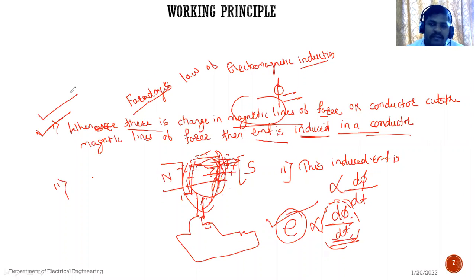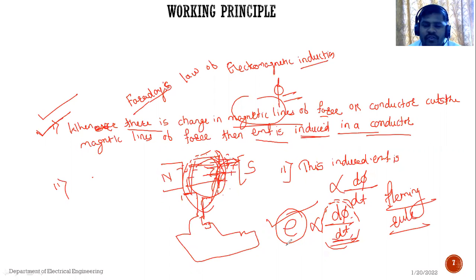ऑल ऑफ यू कीप इन माइंड. अँड इंड्यूस EMF ची जी काही डिरेक्शन आहे ती डिरेक्शन डिपेंड आहे फ्लेमिंग्स रूलवर. दॅट इज फ्लेमिंग्स राईट हँड रूल वरती डिपेंड आहे the direction of induced EMF.